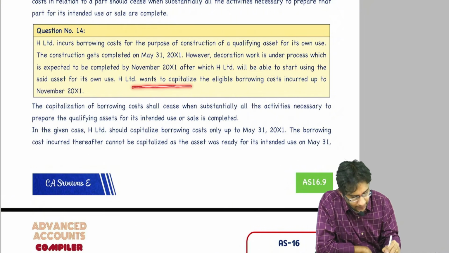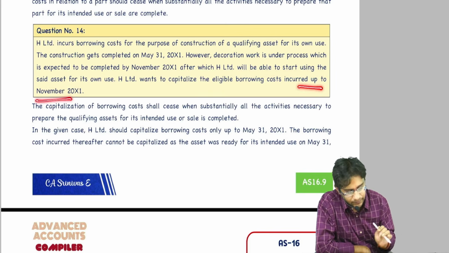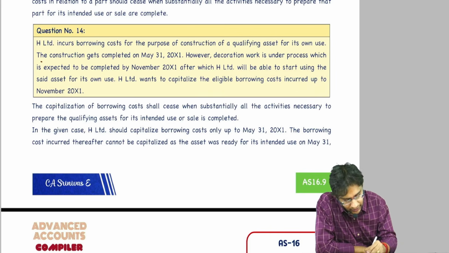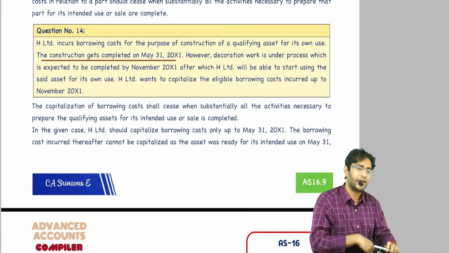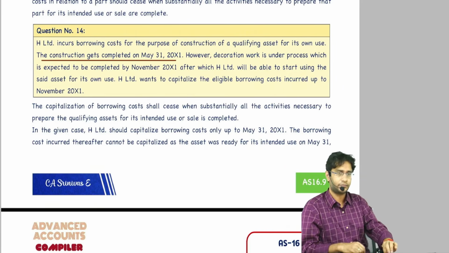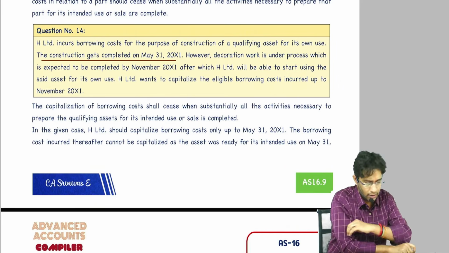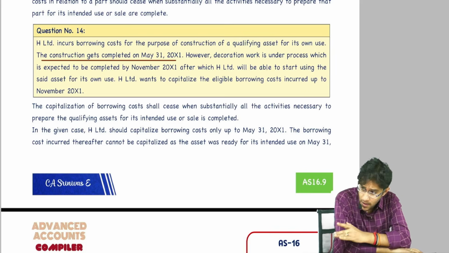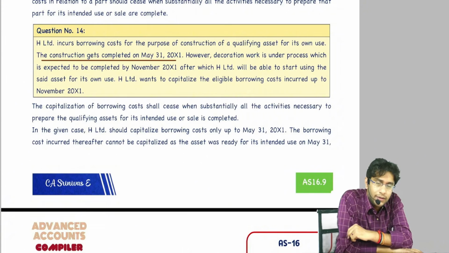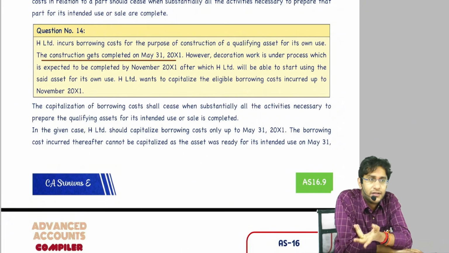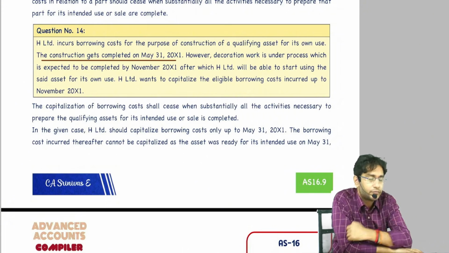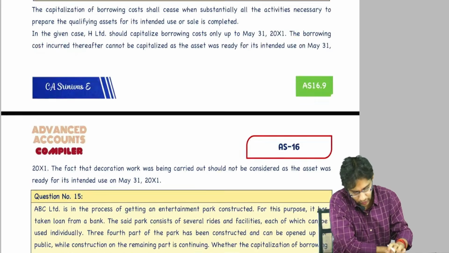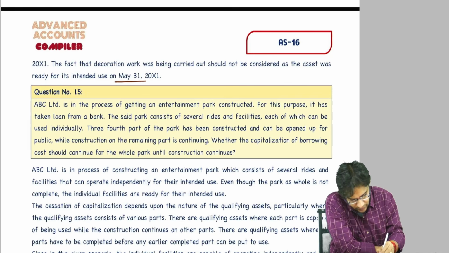H Limited wants to capitalize the borrowing cost incurred up to November. So very clearly, the question says construction work is almost completed on 31st May. What is pending? Small decoration work is pending. Citing the decoration work, can you extend capitalization of borrowing cost by another 6 months? No. You have to cease capitalization.